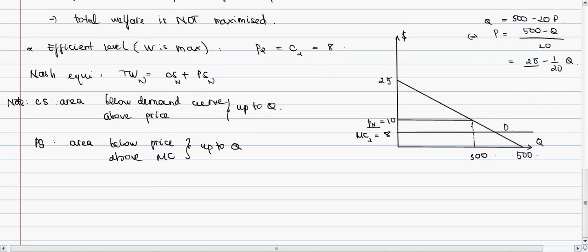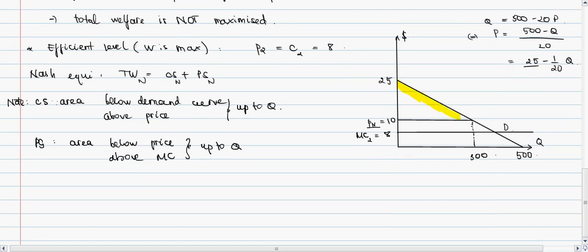So this is the price that the consumer is paying to the firm. This is the demand curve. So consumer surplus is the area below the demand curve above the price. So it's going to be the area that I will shade. Okay, so I will shade the area in yellow.